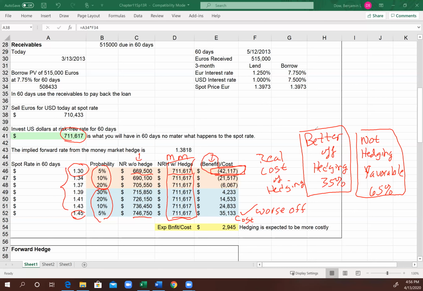But you want to be a little bit careful, because it's not just probability, it's probability and magnitude.